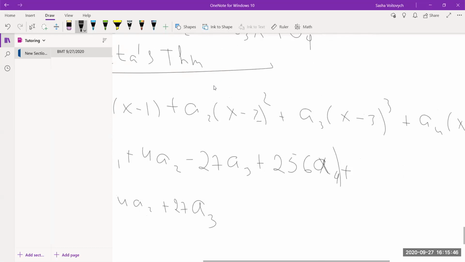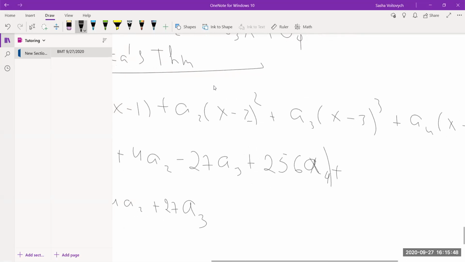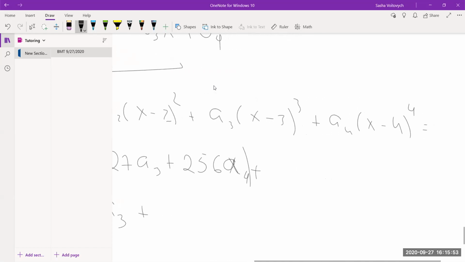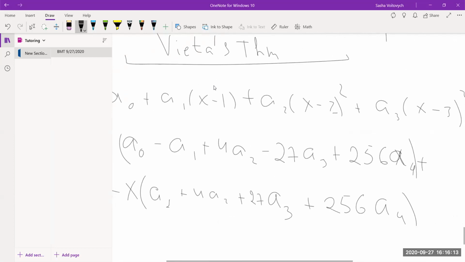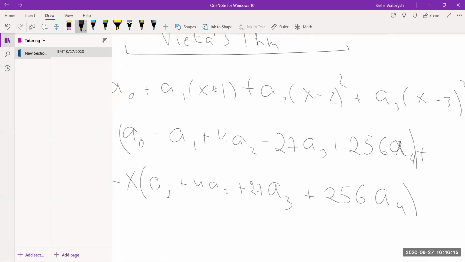And minus, so 4 to the power 3, and we have to multiply this by 4. So this is again 256 A4. Okay.